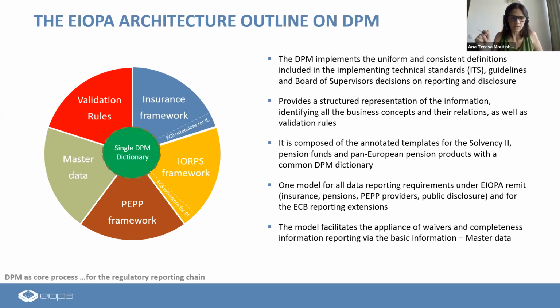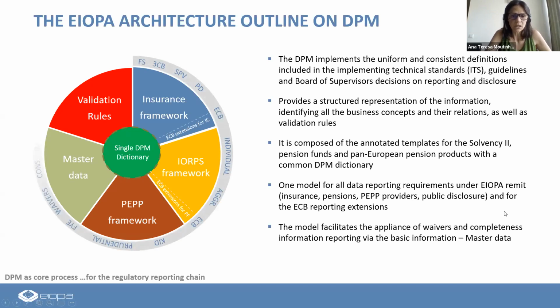And if we do another click, you will see in the slides, Meri, that in the insurance framework, this really means that we not only have what we publish in the technical standards, which is the prudential framework and the special purpose vehicles technical standard, but also what we develop through guidelines, meaning the financial stability reporting needs of EIOPA, or the reporting that should be applicable to third country branches, so branches from undertakings which are located in third countries but have branches in the EEA.